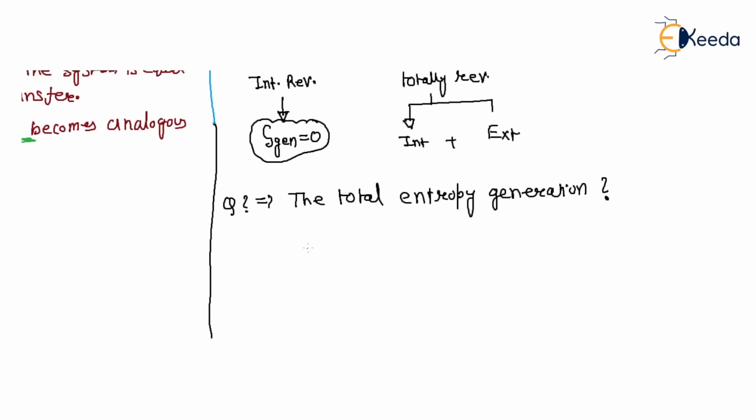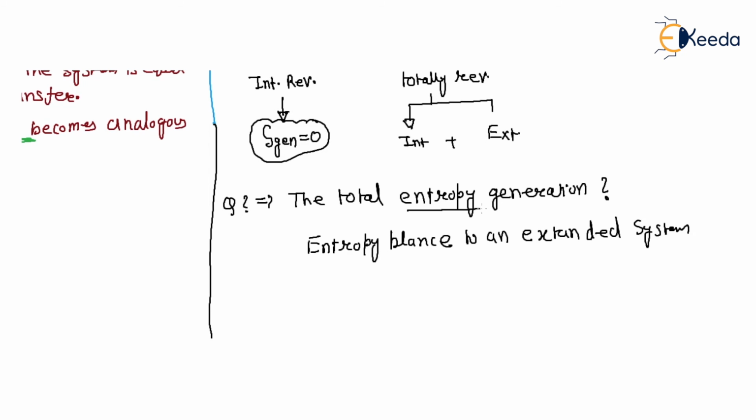This can be done by applying the concept of entropy balance to an extended system. Here external means immediate surrounding. If you think about total entropy generation, that means entropy generation internal plus external as well.